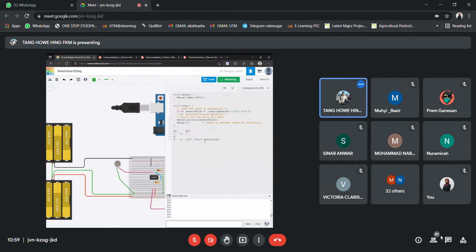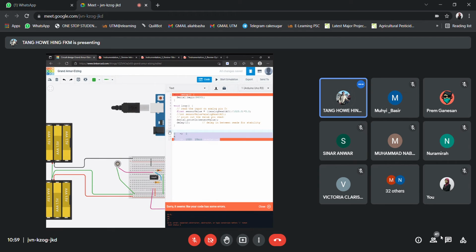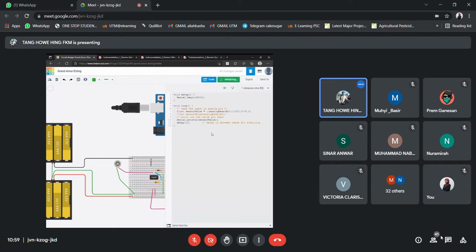Okay. All right, so from here you can see that basically we now have the readings from this sensor as 0 to 5 volt.